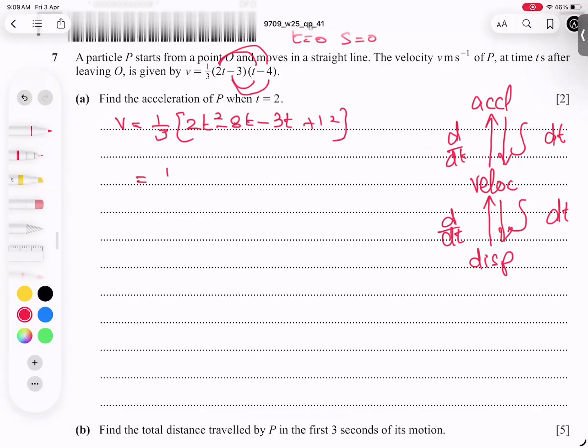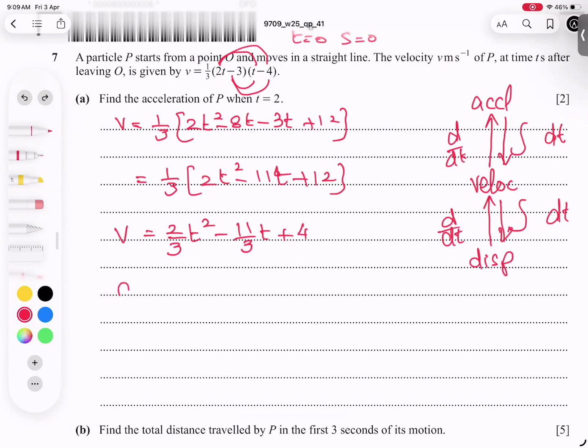So I can say this is 2t squared, negative 11t, and plus 12. I can further say 2 by 3. This is not important; if you can keep 3 outside, no problem at all. Anyway, this is the final form of velocity, and now I'm differentiating.